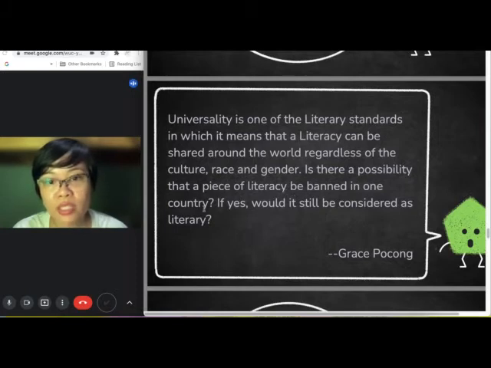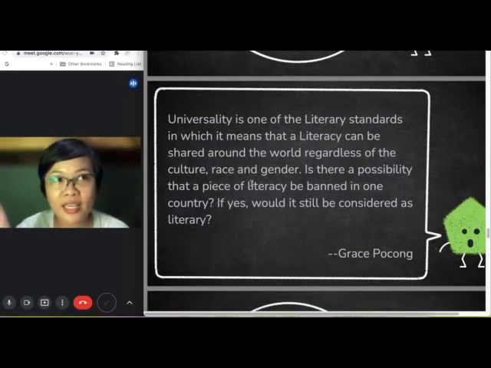If yes, would it still be considered as literary? Yes. And have books been banned in certain countries? Yes. Why? Because some of their themes were against the culture, or against, let's say, the government of that country. Even Rizal, right? His Noli Me Tangere and El Filibusterismo were banned by the Catholic Church, right?